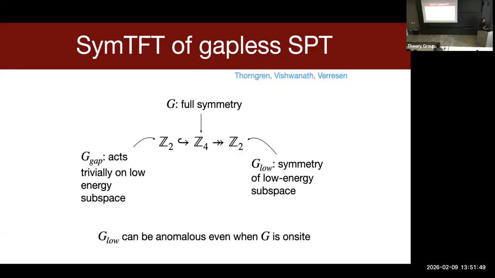And it can be the case that this G low, the low energy symmetry group, can be anomalous, even when there's nothing funny about the full symmetry group. So if you engineer your system in this way, your low energy theory could be forced to be gapless if you want it to be symmetry preserving.